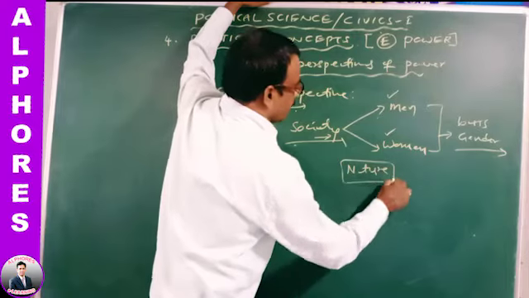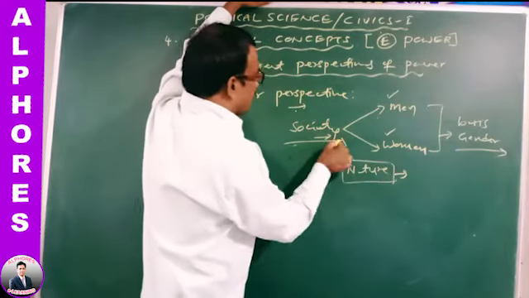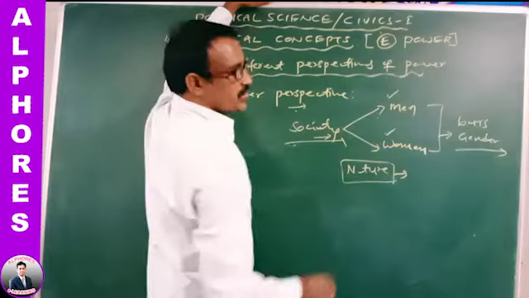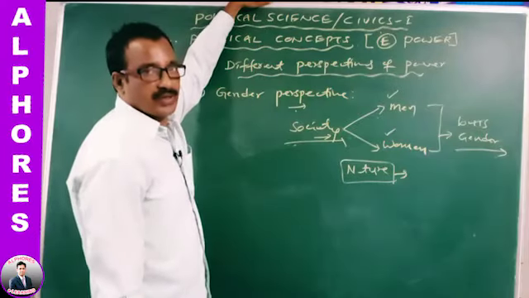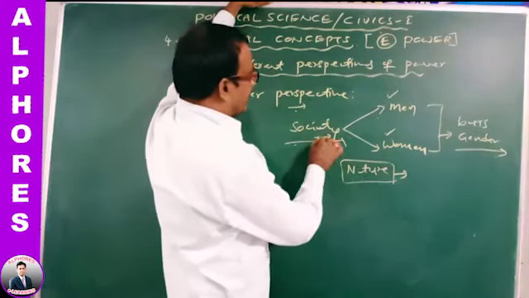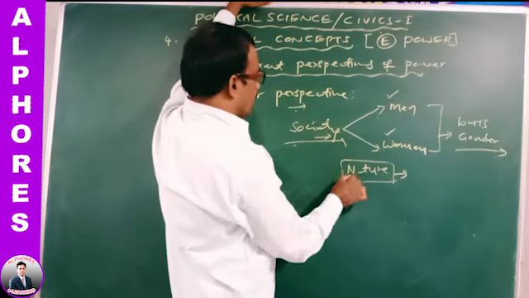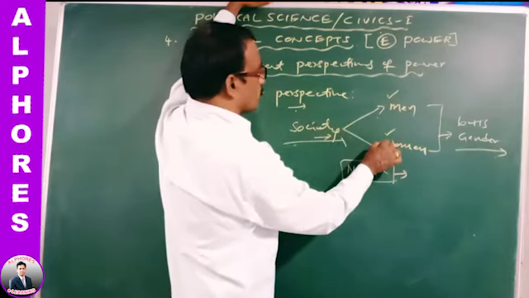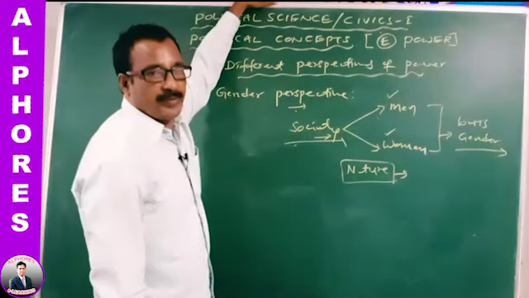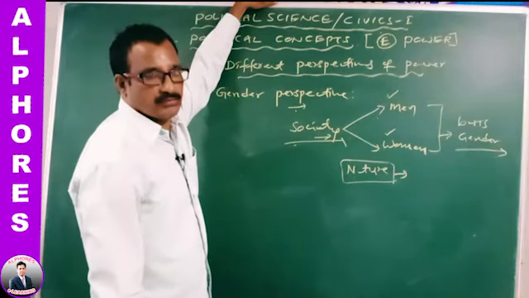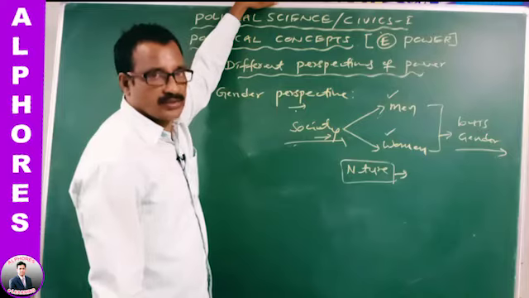Clear? Nature divided the society into two groups, not individuals. Clear? So nature divided the society into these two groups for development of the human race, the progress of the human beings.